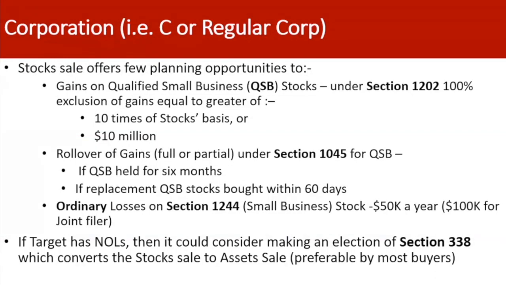Another thing is that the stock needs to be issued after August 18, 1993. The turnover of this small business has to be less than 50 million. And I believe the total assets of the company is $10 million or something. That's what I recall, but those are the main criteria.